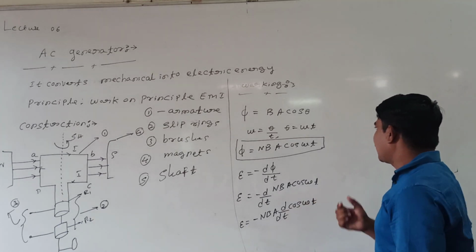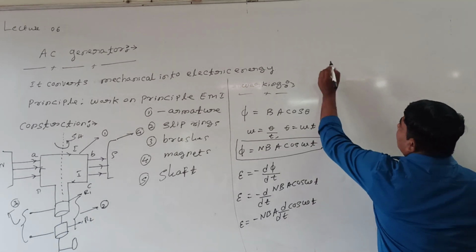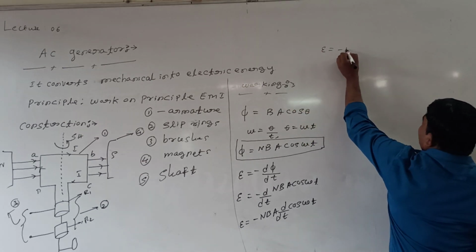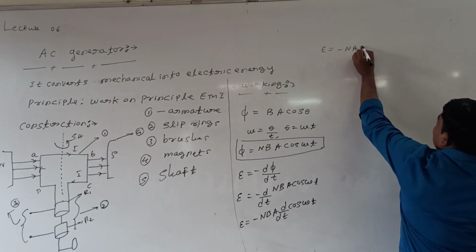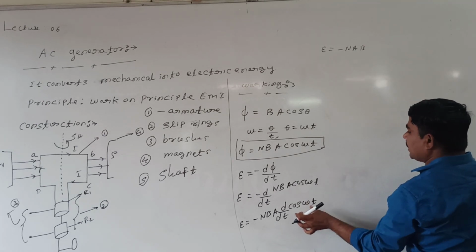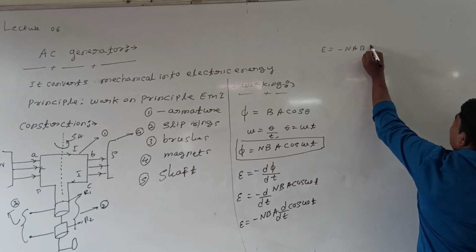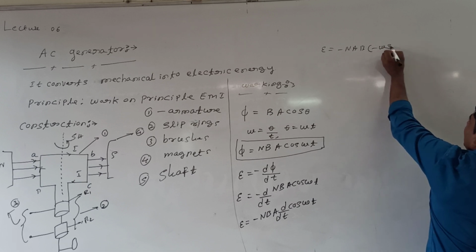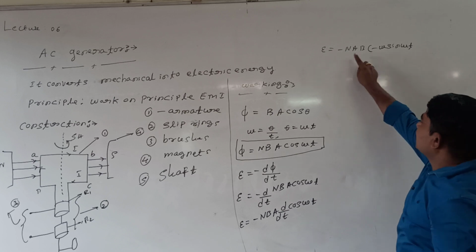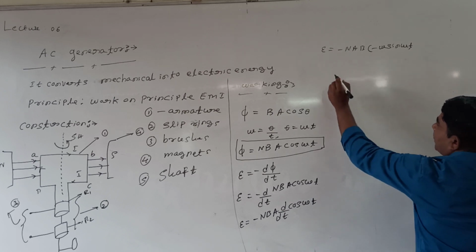So E is equal to minus NBA times the differentiation of cos omega t, that is minus sin omega t into omega. Minus omega into sin omega t. Minus becomes plus. Then what is remaining?